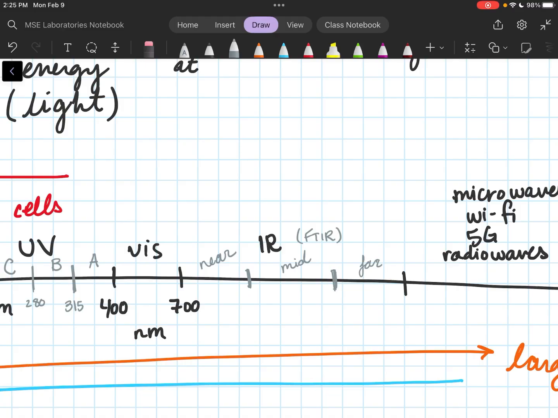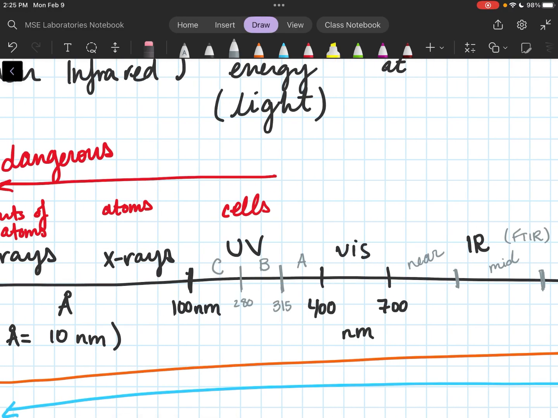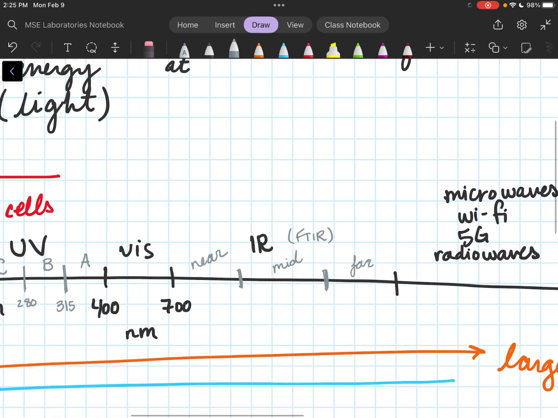We haven't really decided very specific values where near transfers to mid and mid turns into far. At this point, we're talking very large waves relative to where we're talking about 280 nanometers. That's a very specific value. In IR, we're talking big enough that we don't really notice a ton. But near generally goes up to about 2,500 nanometers.